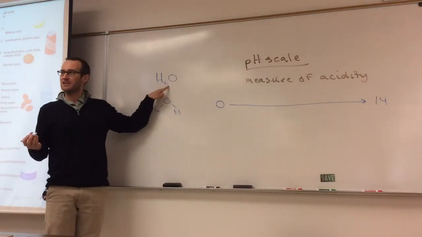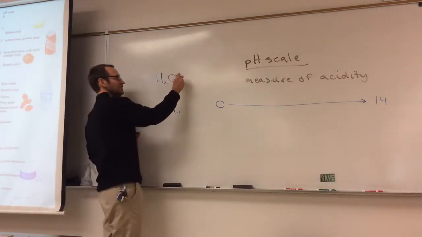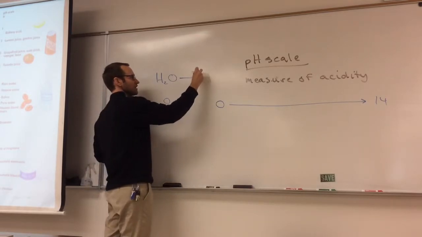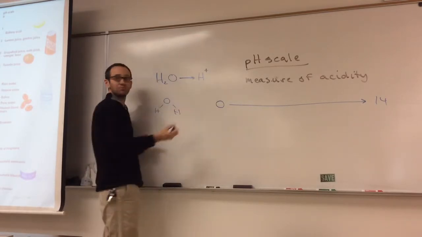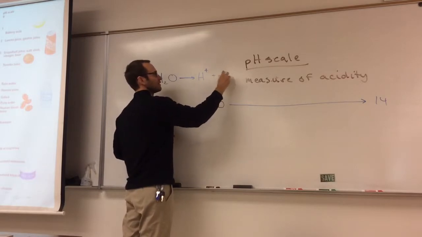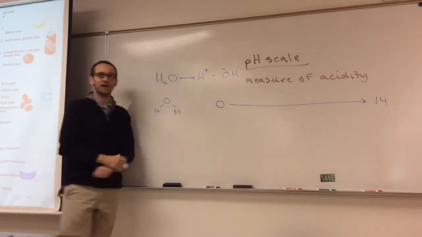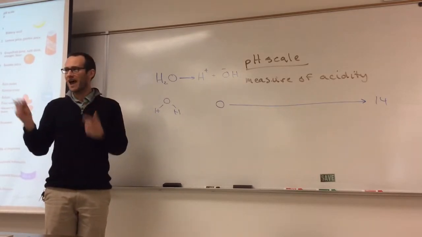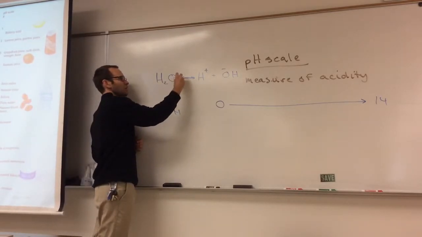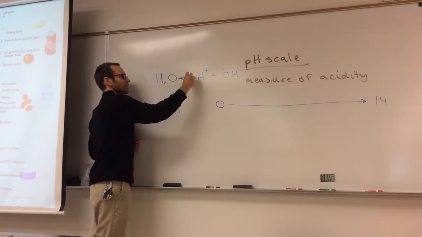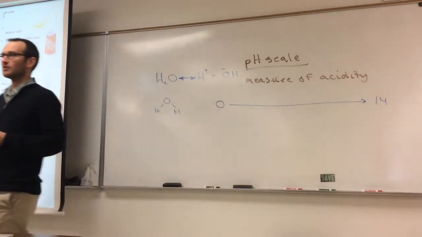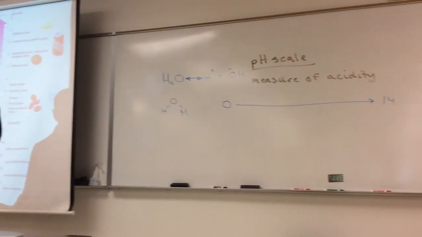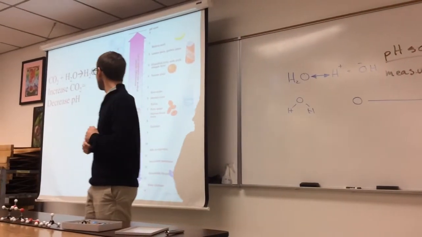What happens spontaneously in solution is that this water will actually dissociate, release an H+ ion and an OH- ion. And then those can just come back together and reform a water molecule. So they fall off and come back on, fall off and come back on.